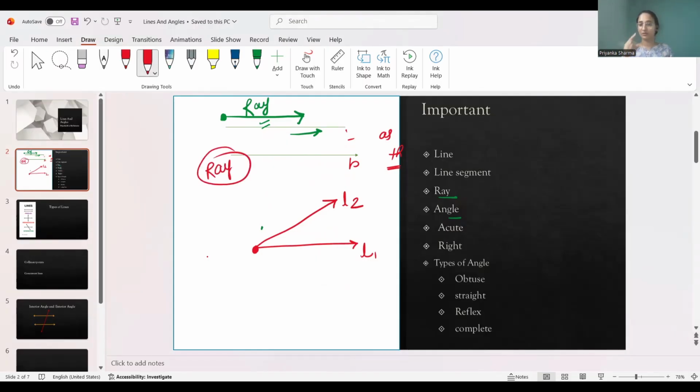If we want to find the angle between two lines, they should become rays, meaning they should have the same vertex, the same initial point. It is called the vertex of the angle. And these are called the arms of the angle: arm 1 of the angle and arm 2 of the angle, and this is called the angle.